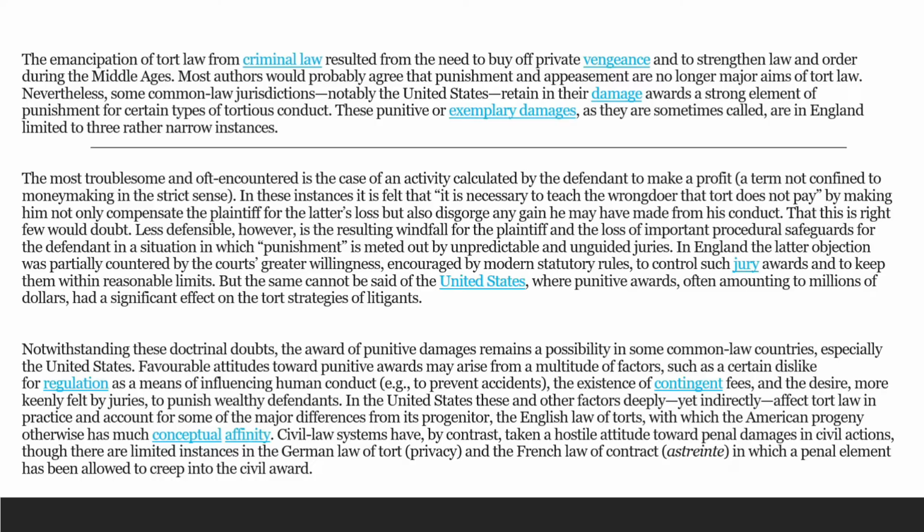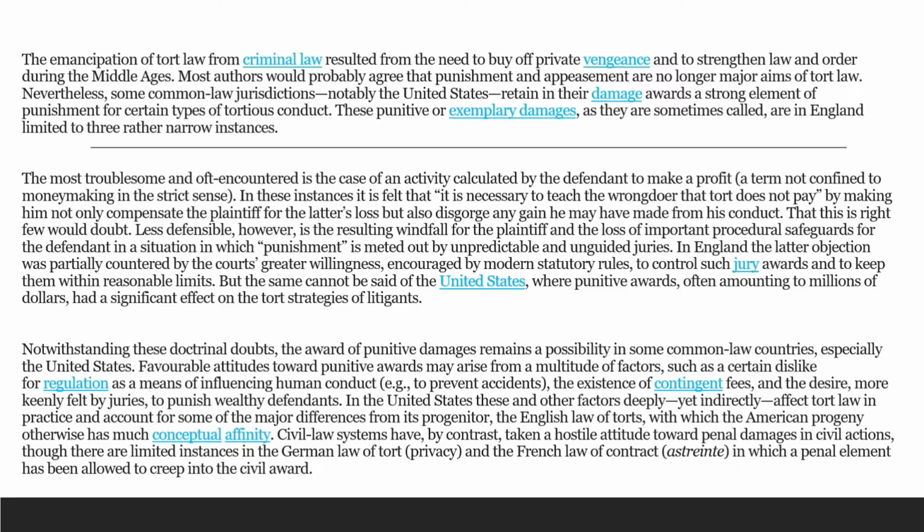In England, the latter objection was partially countered by the greater willingness, encouraged by modern statutory rules, to control such jury awards and to keep them within reasonable limits. But the same cannot be said of the United States, where punitive awards, often amounting to millions of dollars, have a significant effect on the tort strategies of litigants.